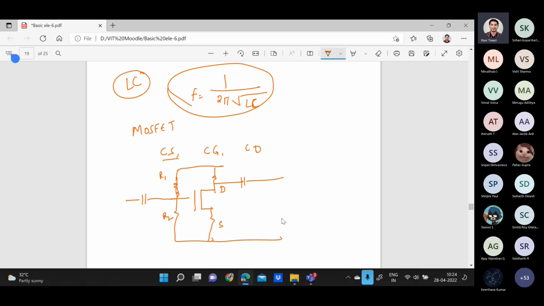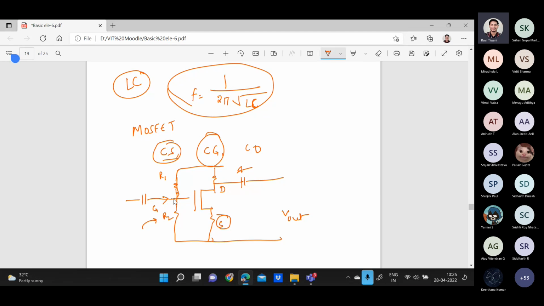We are taking the output from here. Common source means the source is common for your input and your output also. That means you give the input from the gate terminal and take the output from the drain terminal.